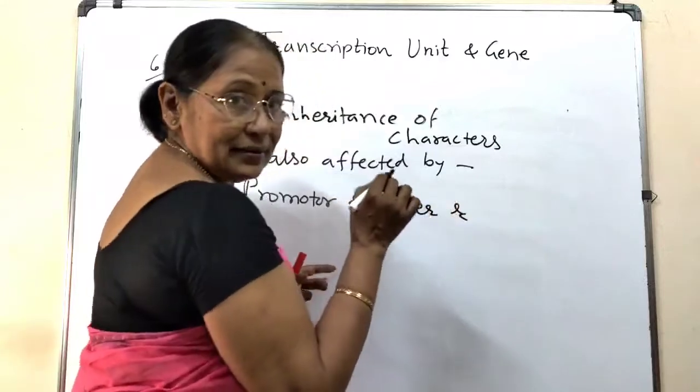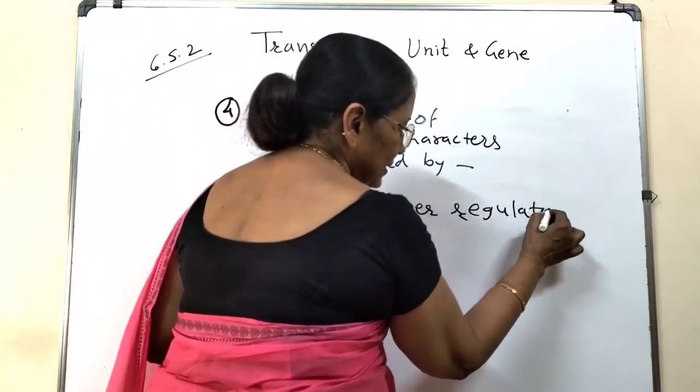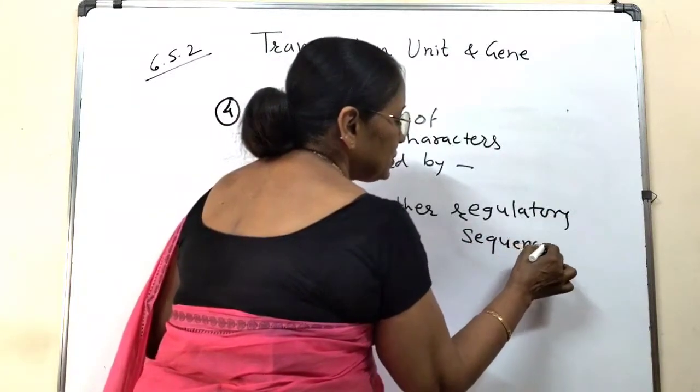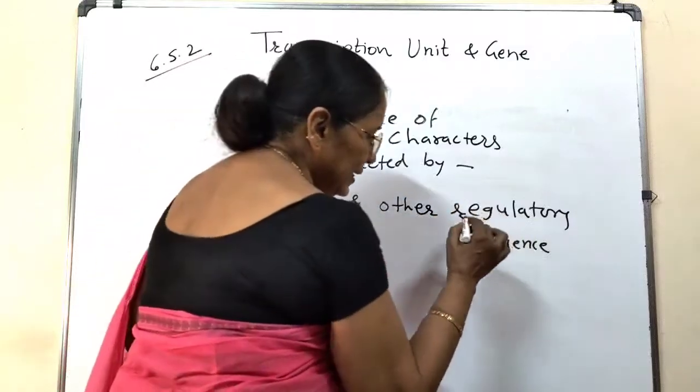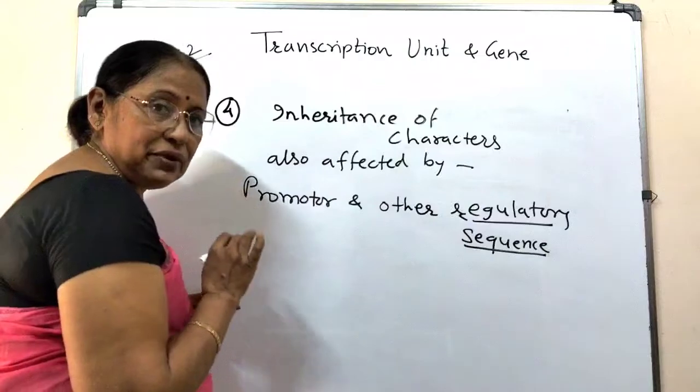I am first writing, then I will explain it to you. Other regulatory sequences. Mark this choice of word here. Regulatory gene is not written; it is written regulatory sequence.